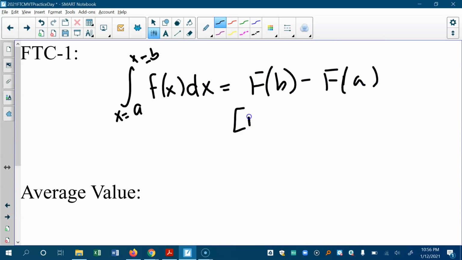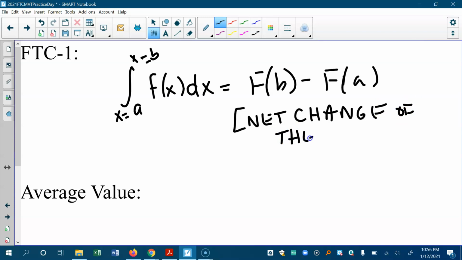And that is called net change of the antiderivative. We also said that this equation is not static, it is dynamic. We can move it around if we need to.